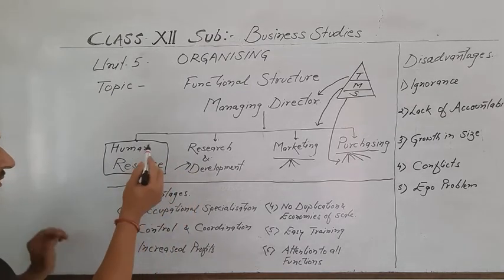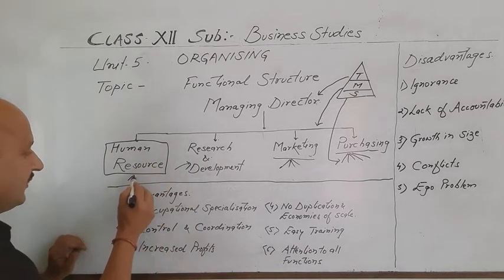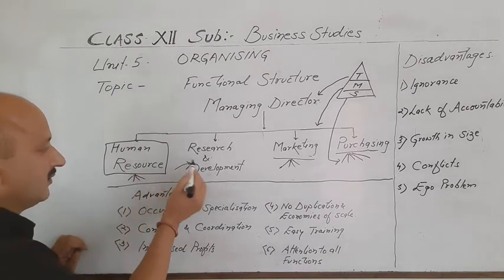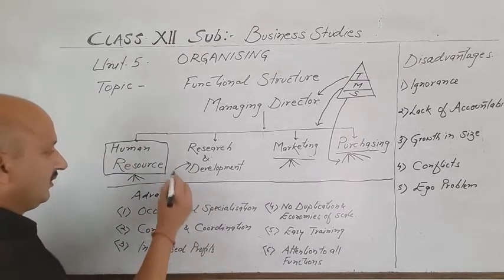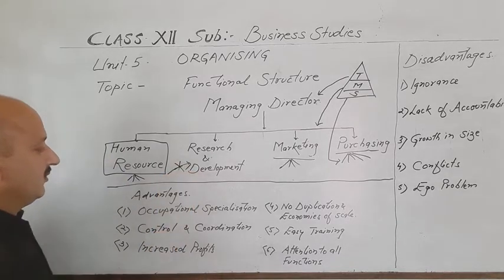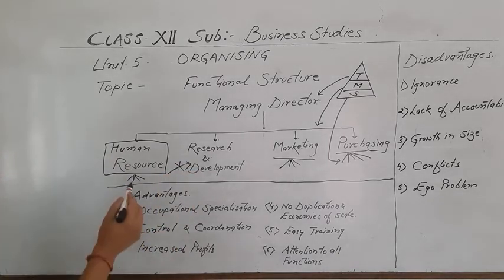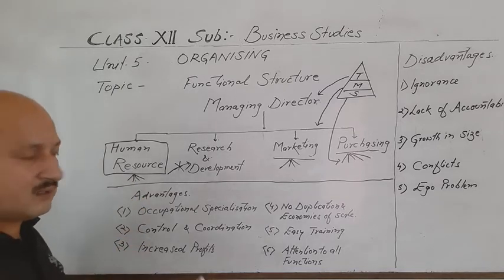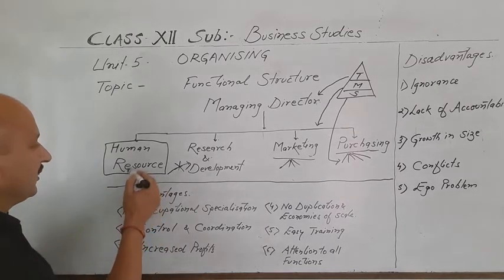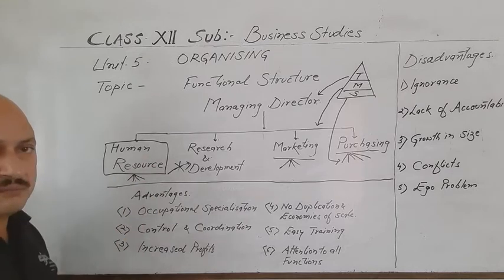Suppose the human resource supervisor will never be transferred to the research and development function. It is not allowed. It means that all the supervisors who are working in human resource will be here only, and if they are eligible for promotion, they will be promoted to the post of human resource manager.